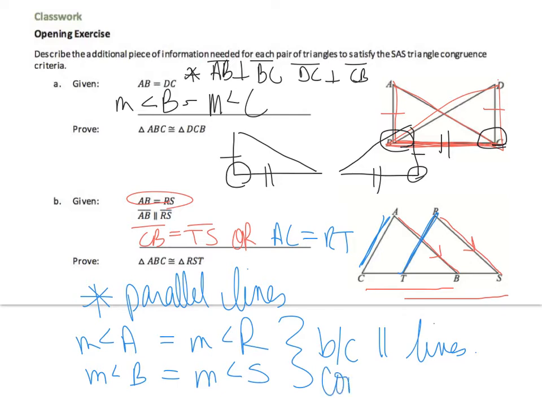That's corresponding angles, remember? So if we were to use angle B and angle S, we would need to use side TS and side CB. If we were to use angle A and angle R, we would need side RT and side AC.